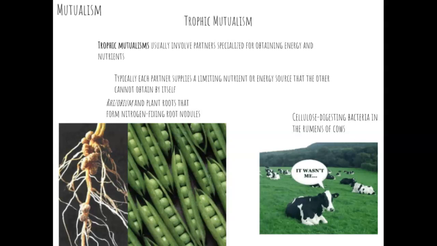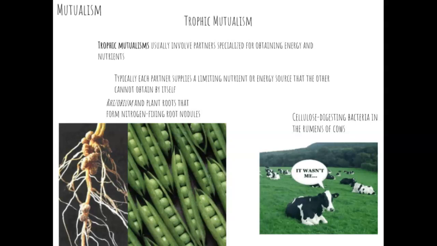Another example are cows and other ruminants, which have cellulose digesting bacteria that live in the rumens of their digestive systems. So cows and other things that mainly eat grass and plant material aren't actually able to break down cellulose, which is plant material.